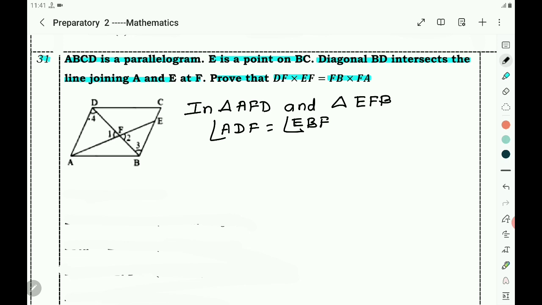Why are they equal? These two are one pair of alternate angles, angle 4 and angle 3, and also angle DAF equals angle FEB.